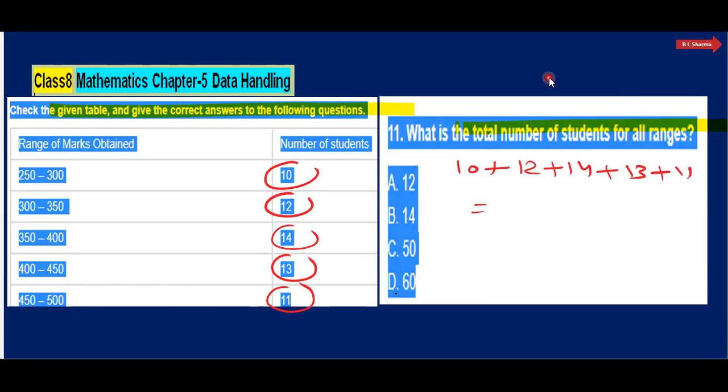Their sum is, what is the sum? That is 60 answer. Or 50 answer. The answer is 50. So C is the correct answer.